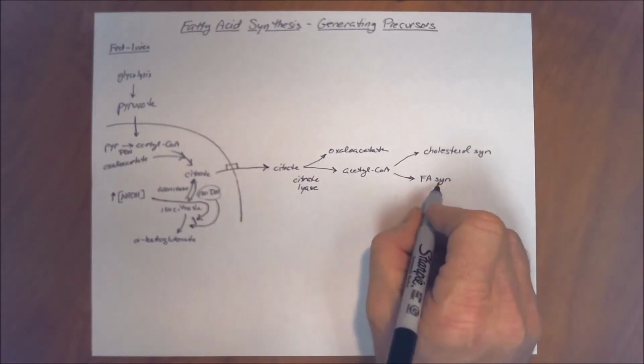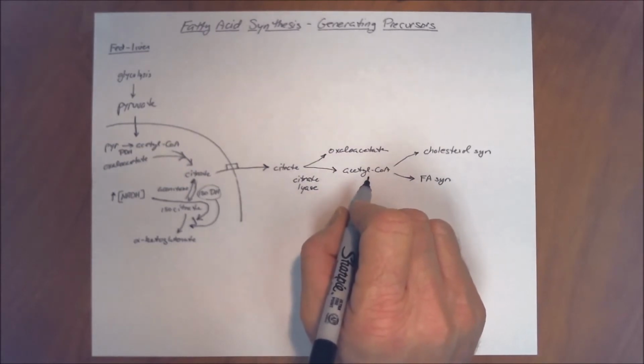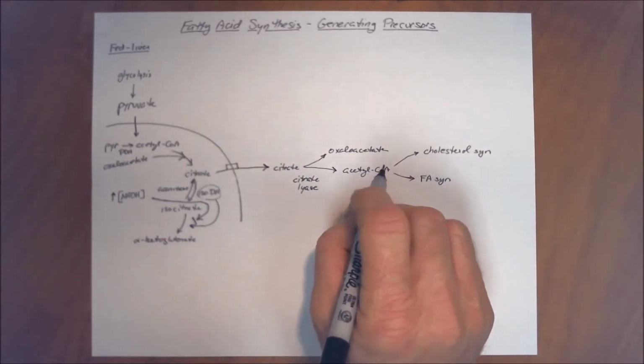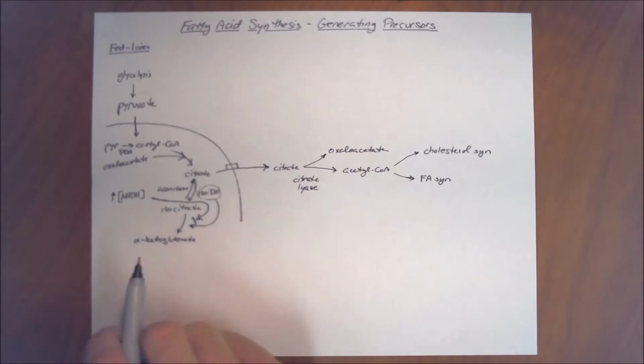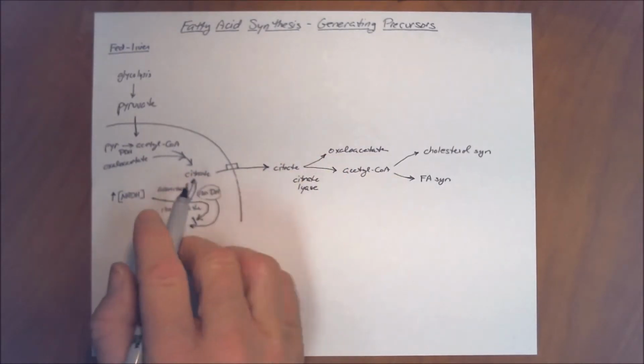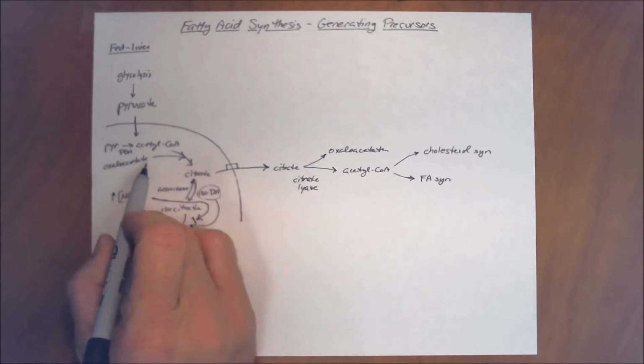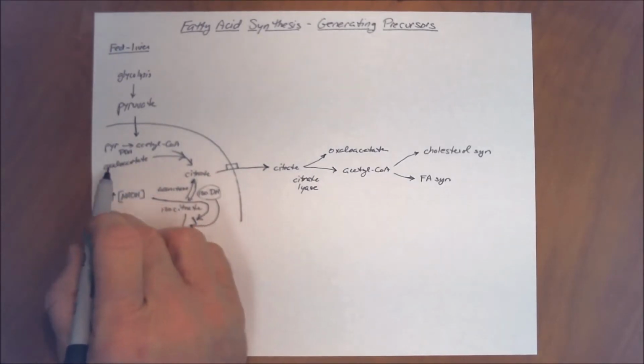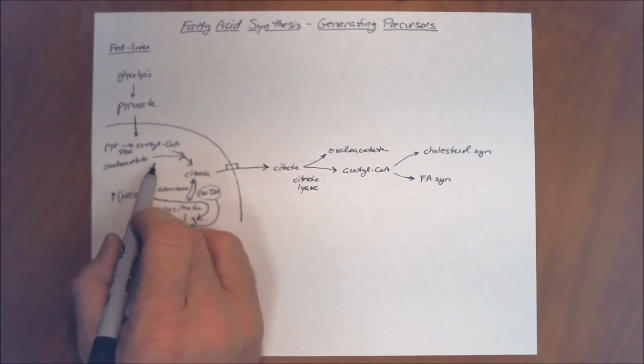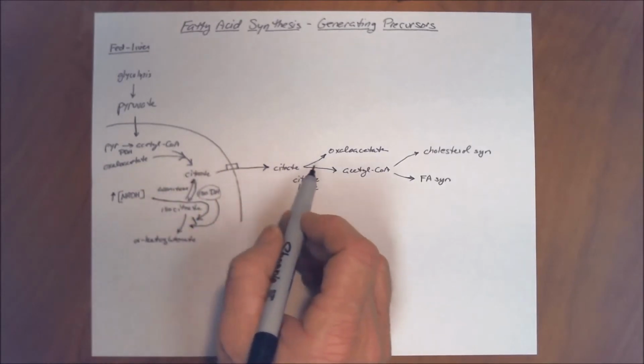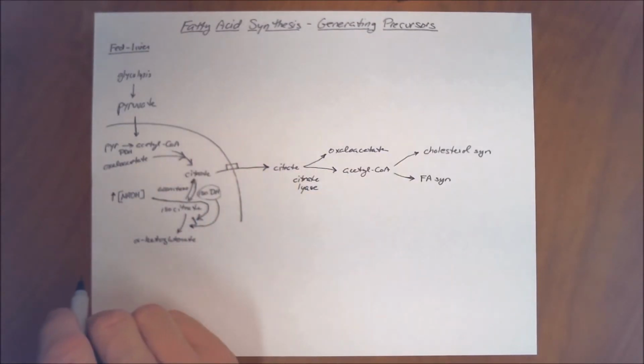Now before we talk about fatty acid synthesis from this cytoplasmic acetyl-CoA, let's talk about this oxaloacetate. This is potentially a dangerous reaction because we're taking oxaloacetate, a TCA cycle intermediate, out of the TCA cycle, out of the mitochondrial matrix, depositing it into the cytoplasm.